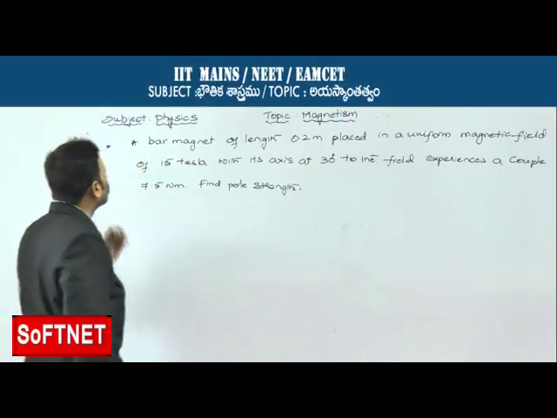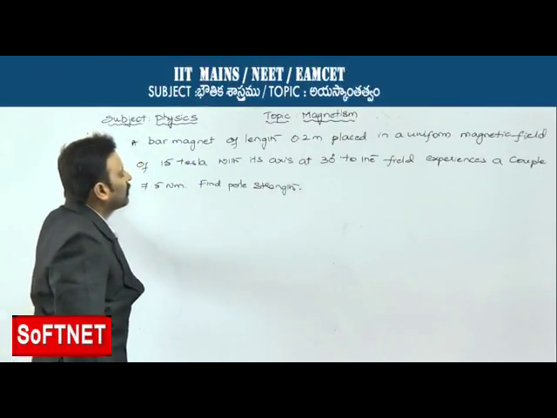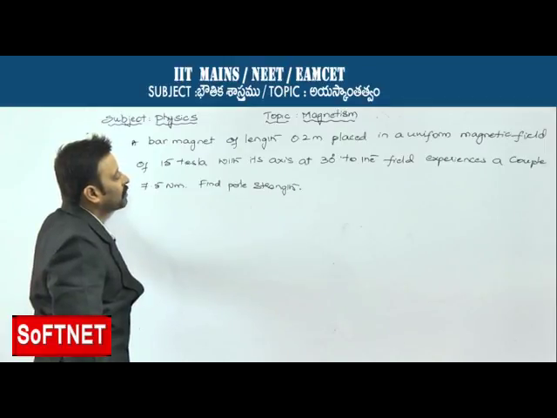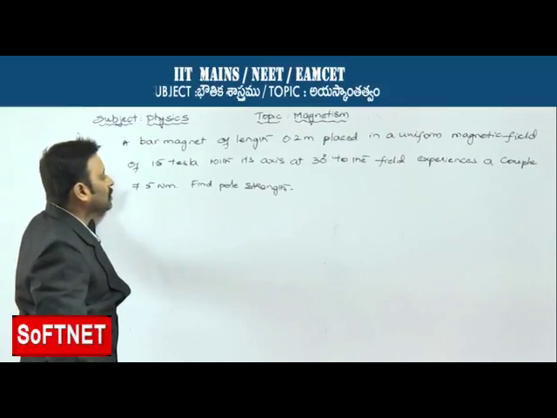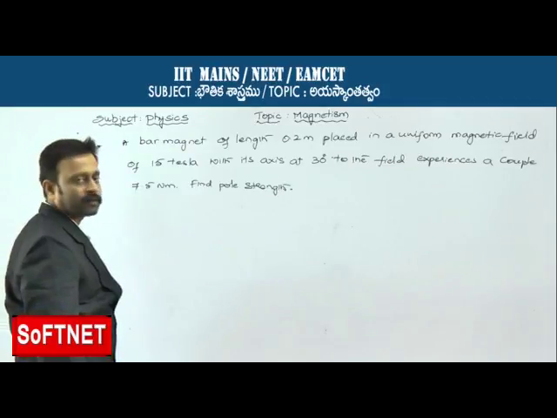Next problem: a bar magnet of length 0.2 meters is placed in a uniform magnetic field of induction 15 Tesla with its axis making an angle of 30 degrees to the magnetic field, and experiences a couple of 7.5 Newton meter. You are asked to calculate the pole strength of the magnet.